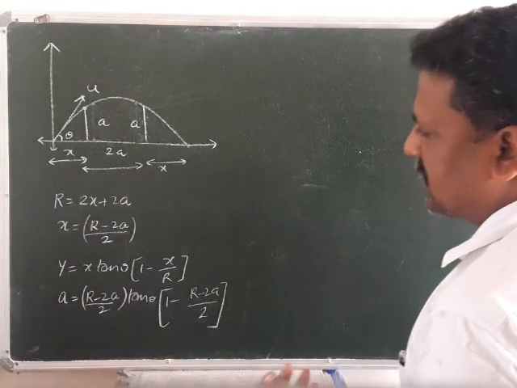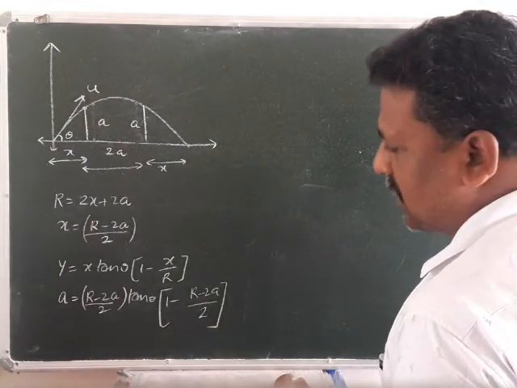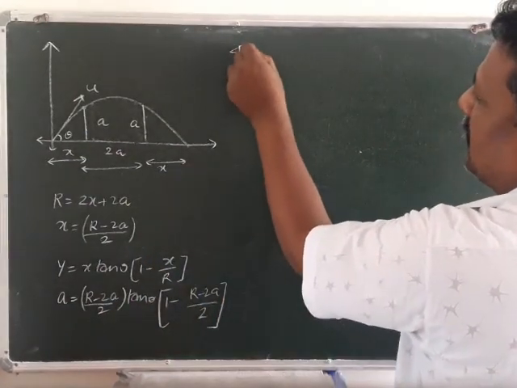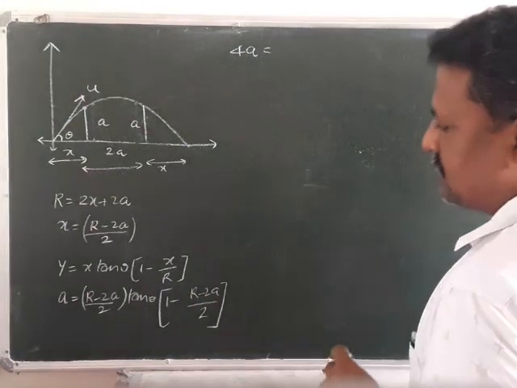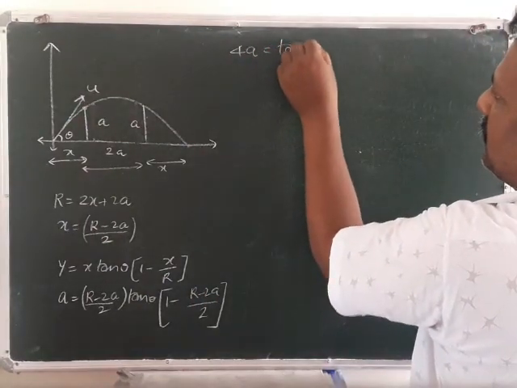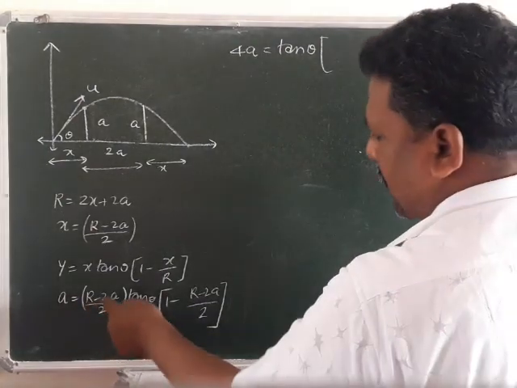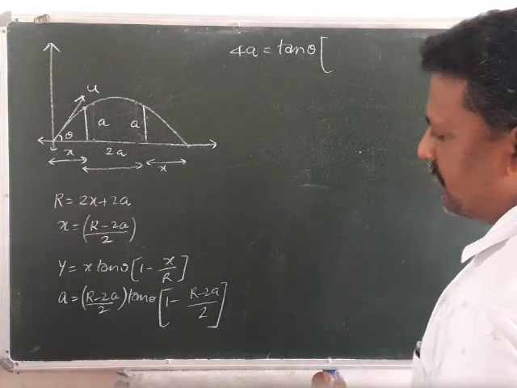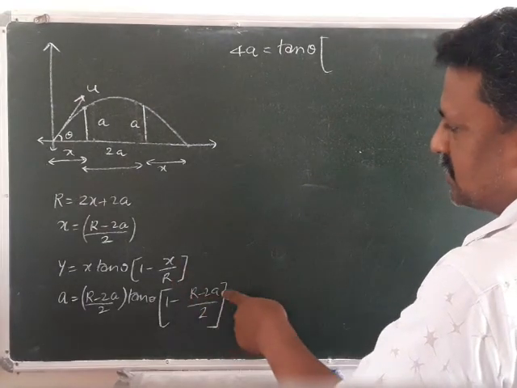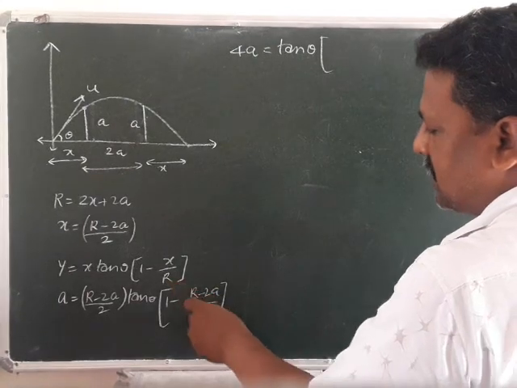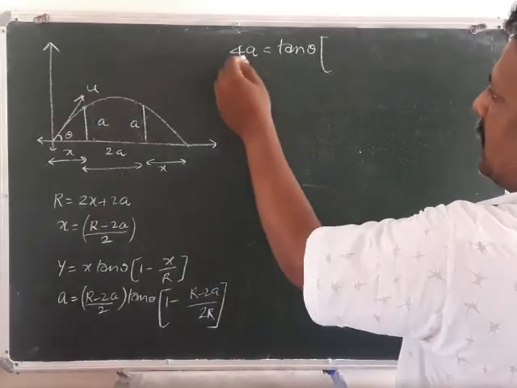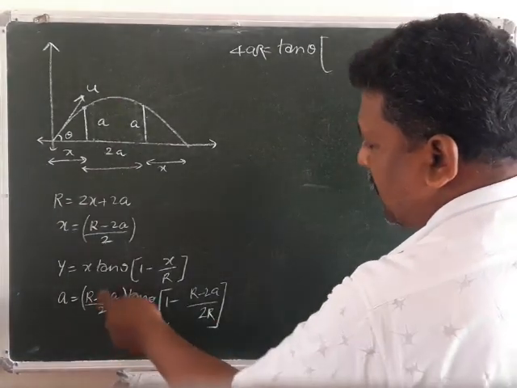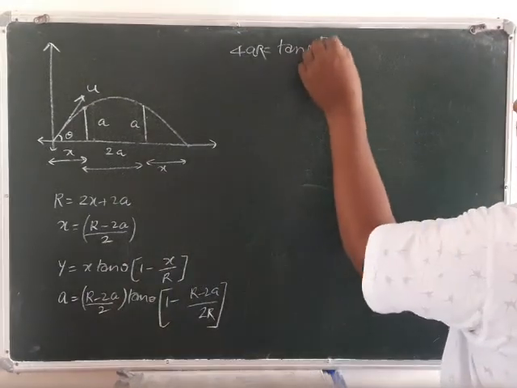now if you cross multiply this equation, 2 into 2 is 4a on the left side, and on the right, tan theta in bracket (R minus 2a) into... if you simplify, in place of x, (R minus 2a) by 2, it is R, so the additional term is R. Now see, R minus 2a is one term.